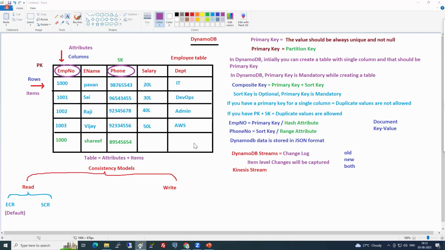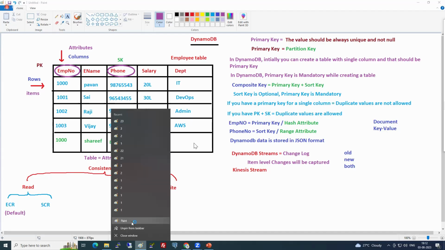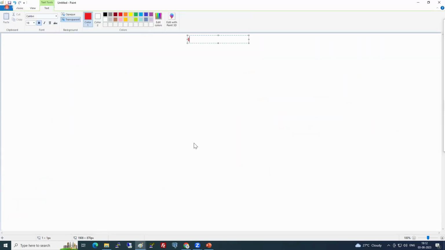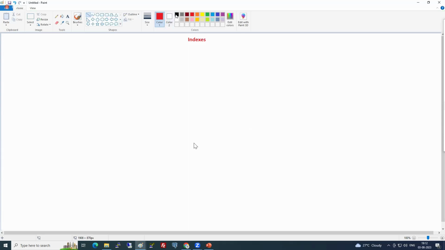Now we have something that from our childhood we were learning. Guys, do you know index? What is an index? I'll give the same example that we learned in our childhood days. If you take a book, what is the first page you get?